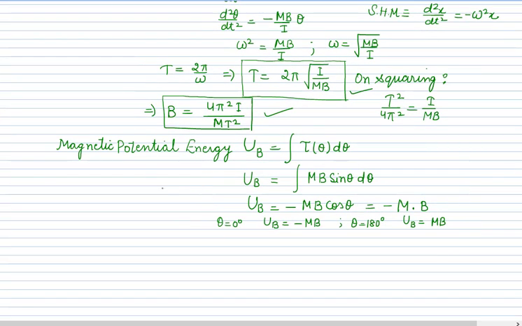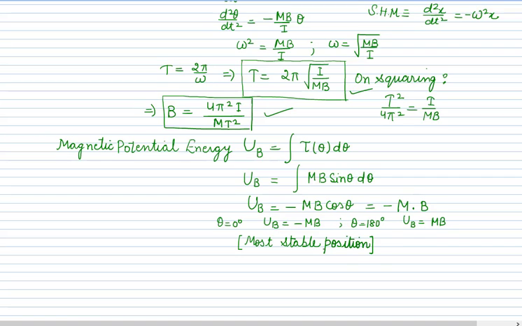So you can write it down that for theta equals 0 degree, when our magnetic compass is in the direction of magnetic field, then the magnetic potential energy is minimum, and this is the most stable position, because according to physics, everybody wants to be in the minimum energy state.